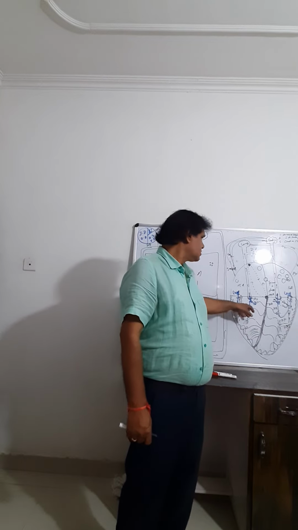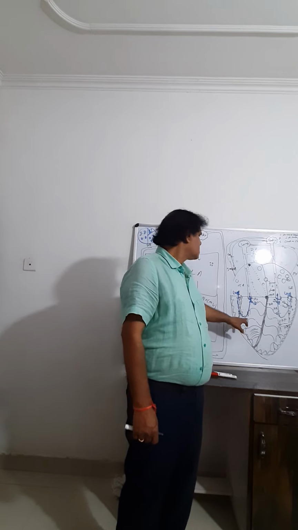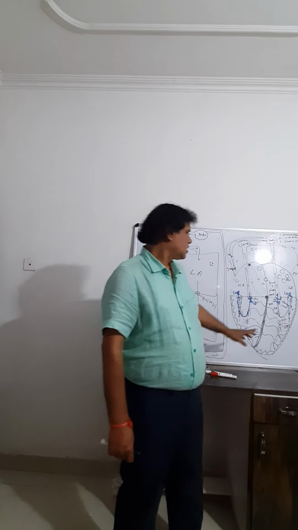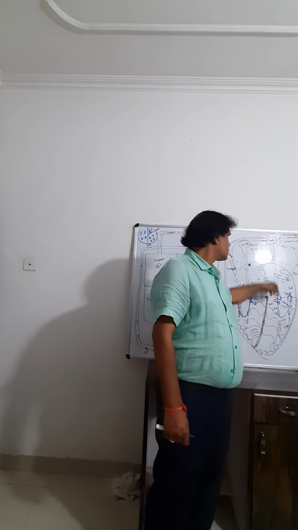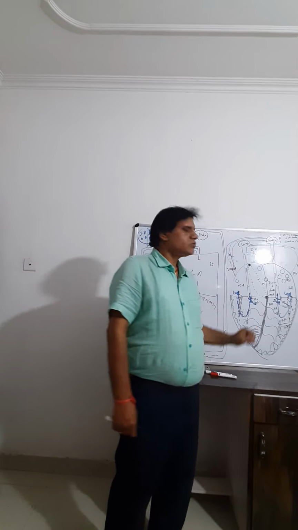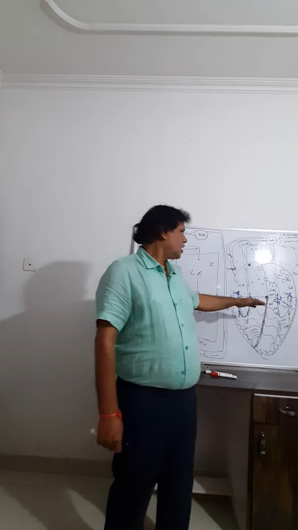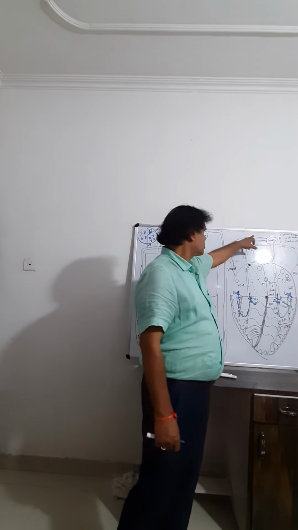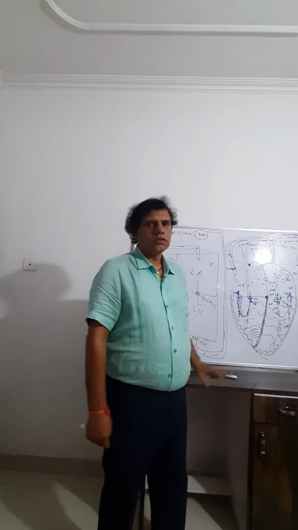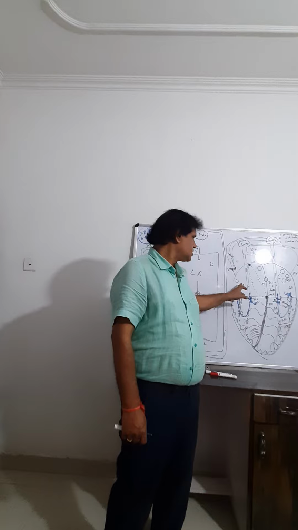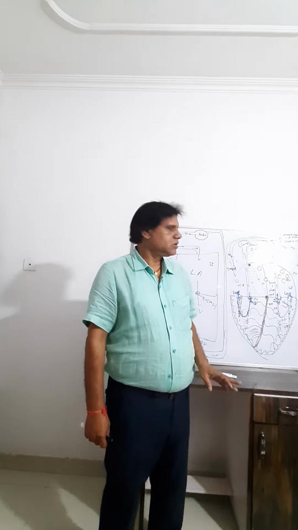Blood flows from the right ventricle to the lung, and from the left ventricle to the body. So deoxygenated blood is supplied to the lung and oxygenated blood to the body, and again the body transfers the impure blood to the superior vena cava, coronary sinus, and inferior vena cava.